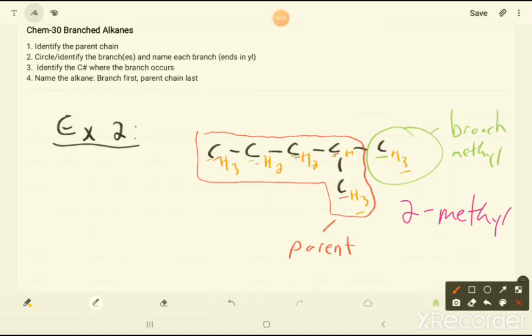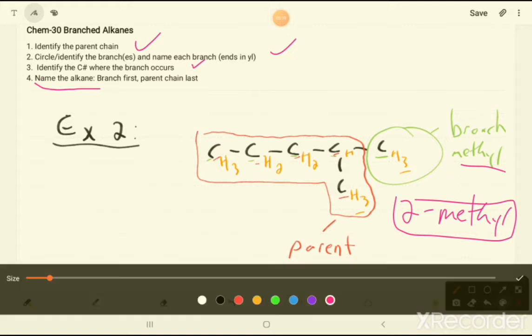And then finally, with all this into play, we can check this part off: we identified which carbon the branch occurs at, the methyl here occurs at 2. So your branch is 2-methyl. And then we're going to name the entire alkane, which is branch first, parent chain last, and we're going to keep the entire name, including the carbon number that the branch occurs at.